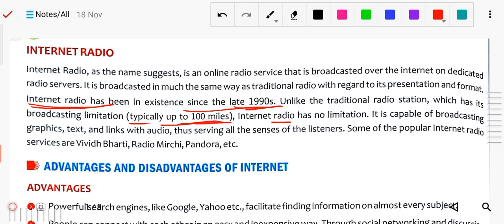Through the internet it has no limitation of broadcasting. The earlier traditional radio had the limit of 100 miles only. But now internet radio has no limit.